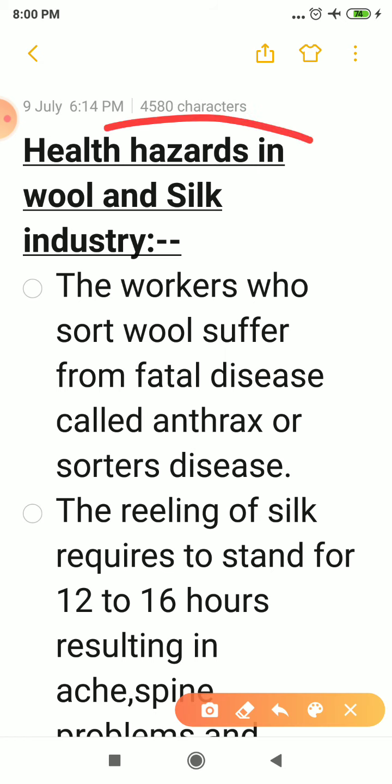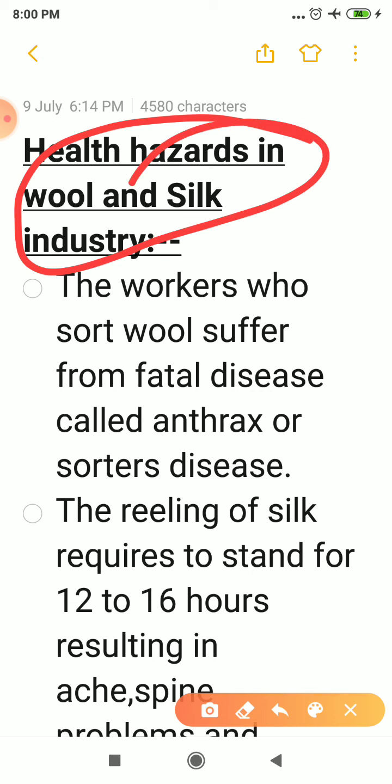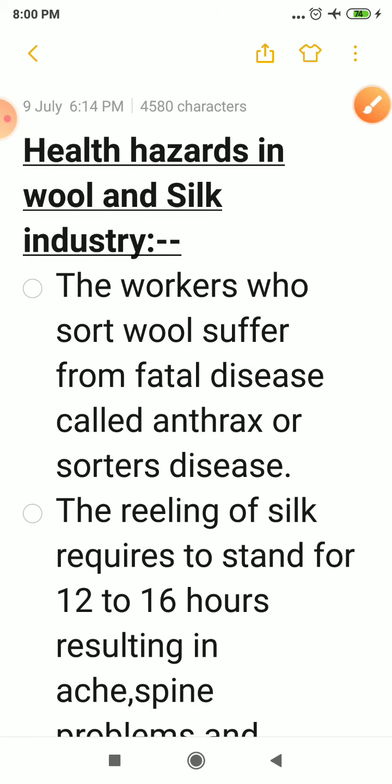Here we will discuss them. The workers who sort wool suffer from a fatal disease called anthrax, or sorter's disease. Due to this very fatal disease, many workers in the silk and wool industry die every year.